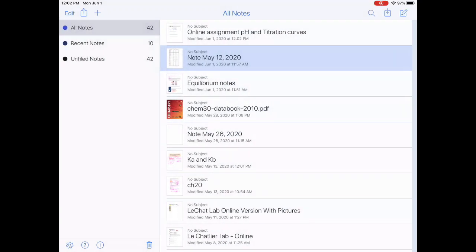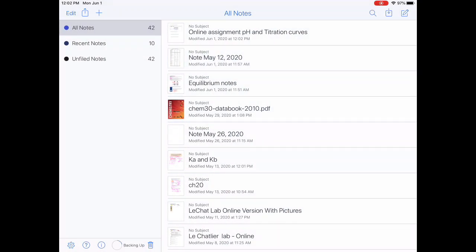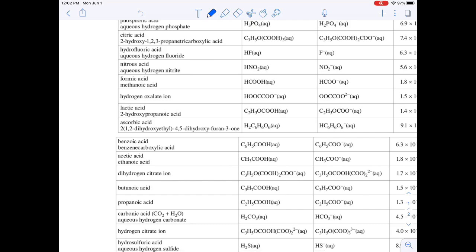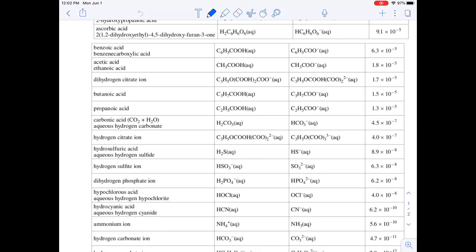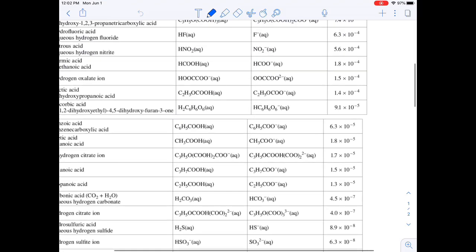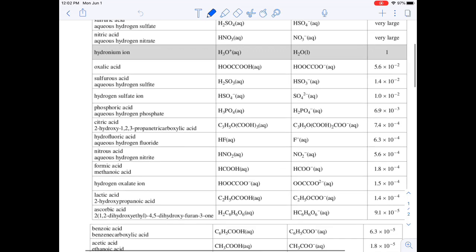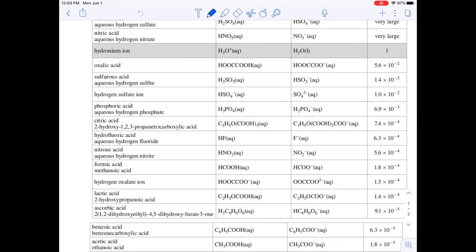So if we went back to our data booklet and looked at oxalic acid, it has a similar kind of formula. Oxalic acid is up here, sorry. And you can see that it's got a hydrogen here and a hydrogen here that are acidic. So those are diprotic acids, and when one loses or donates one of its hydrogens, it becomes amphiprotic.